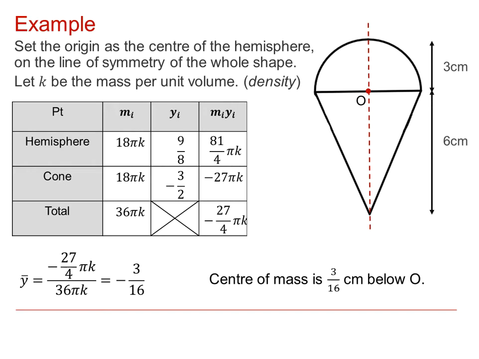And there you can see that we get a value for Y bar of -3/16. So -3/16, just about 1/4 of a centimeter, so somewhere around about this position here for the center of mass of the composite body.